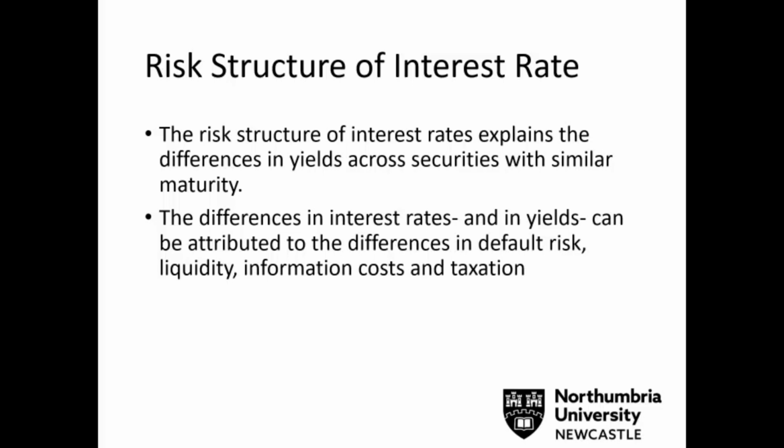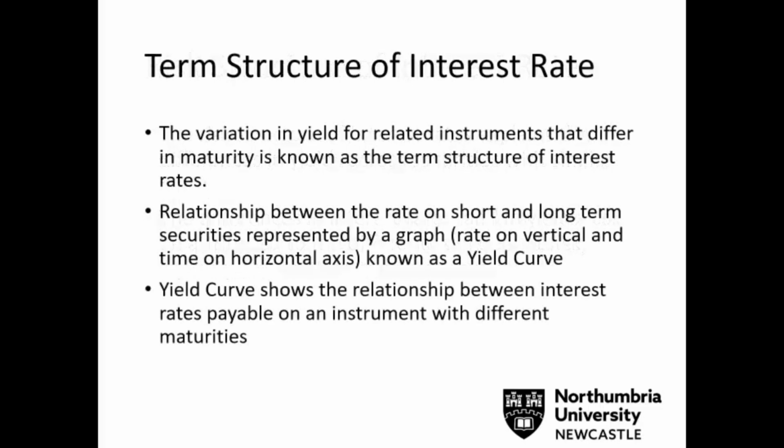But obviously we can't account for what's going to happen in 30 years' time. Thus we charge more for longer dated loans. Therefore we call this term structure the yield curve. And this yield curve shows the relationship between different time horizons and the interest rates for those products.